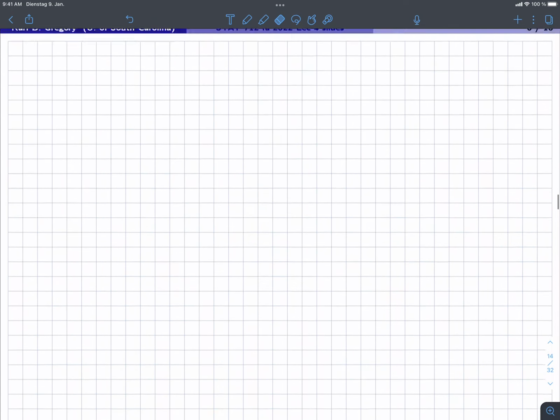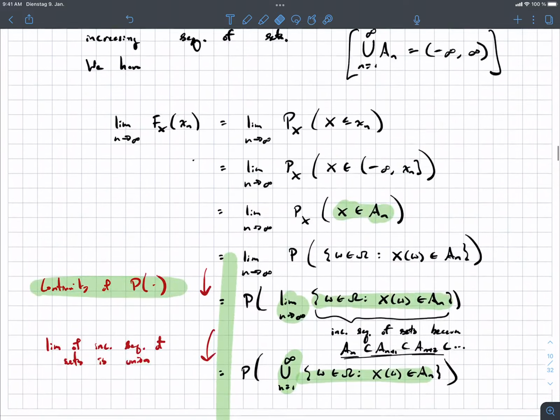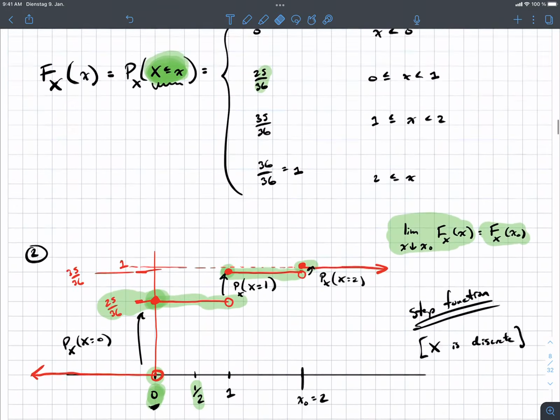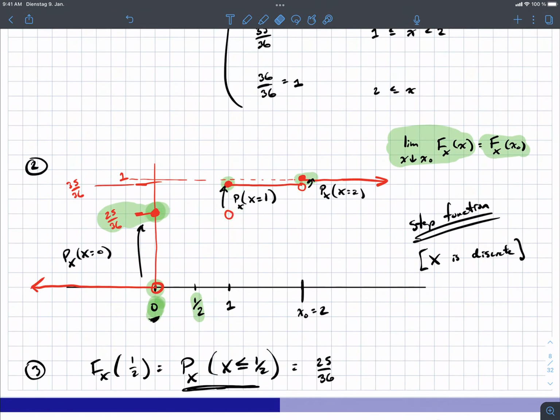But if I have a jump in the CDF, like in this one, then if I am going this way and going this way, I'm still going to be left with this jump in here. And so for a discrete random variable, you have positive probabilities for single points.